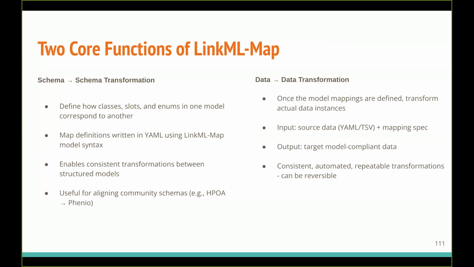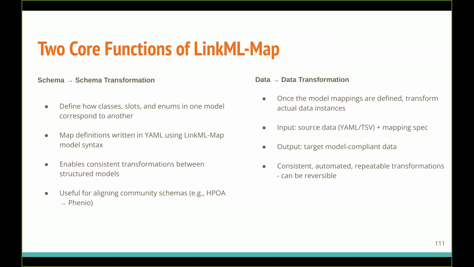As I mentioned, there are two core functions of LinkML Map. The first is schema to schema transformation. That's saying I have a source data model and a target data model, and I want to know how to create my target data model from my source data model.